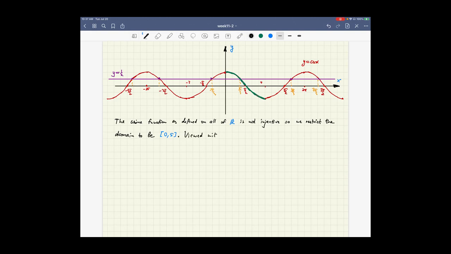Viewed with domain 0, pi and codomain -1, 1, the cosine function is bijective.